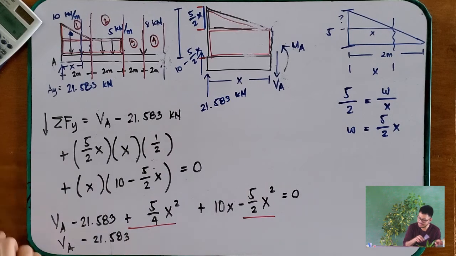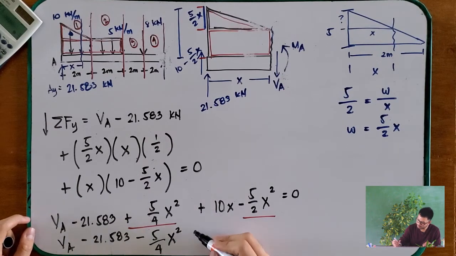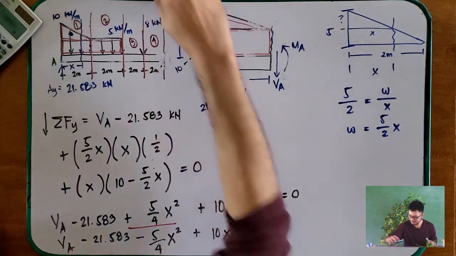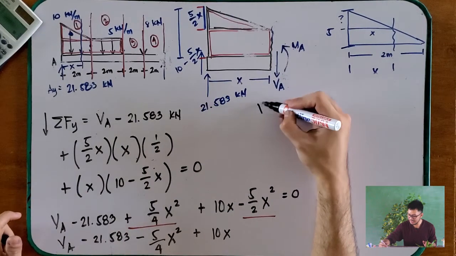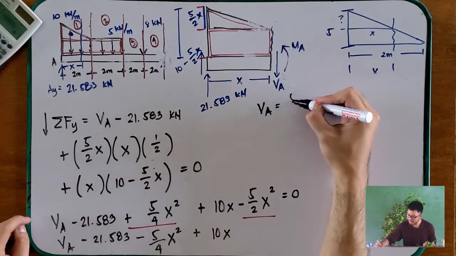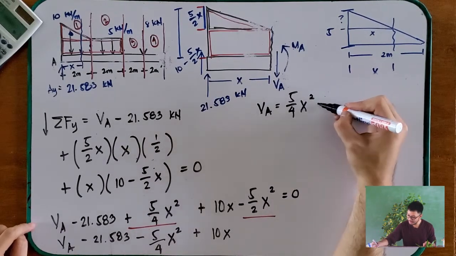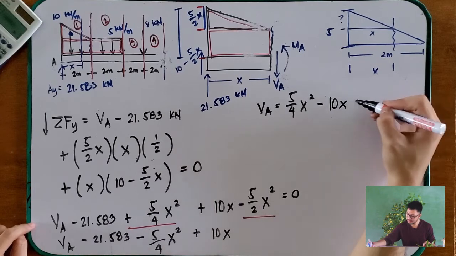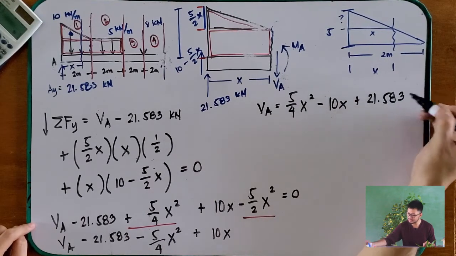And ang answer niya is negative 5 over 4 x squared plus 10x. So therefore, simplifying this one further, we have VA is equal to 5 over 4 x squared minus 10x plus 21.583.